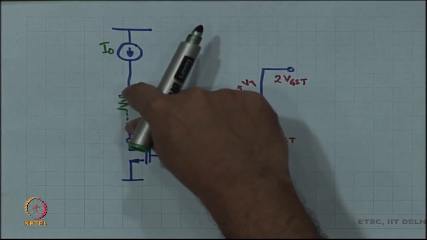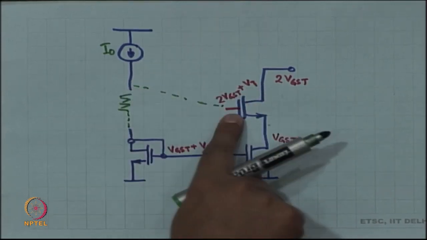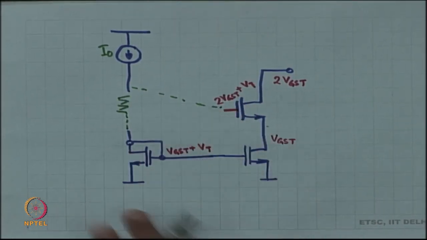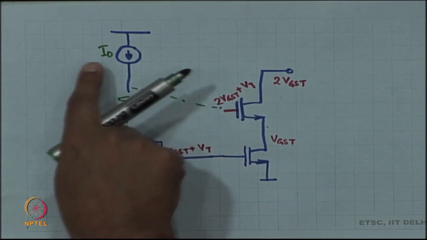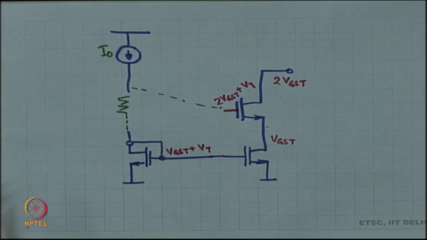So, this is now exactly VGST. So, this is 2 VGST plus VT, right, but then you need to know exactly what is VGST and what is I naught, and therefore, this resistor has limited value. All right. So, that becomes a problem.